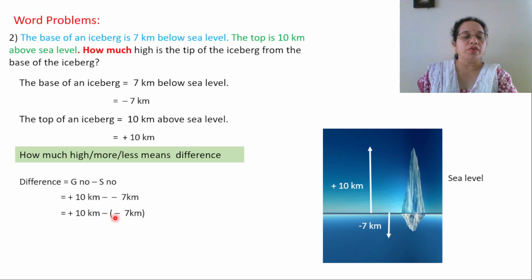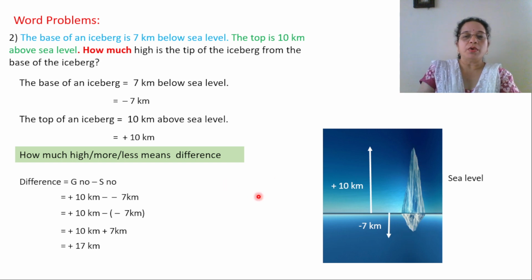Negative of a negative will become positive and the answer will be 17 kilometer. So this total height from the base is 17 kilometer. The questions are nearly the same, but whatever information is given, you need to read it carefully, think about that, and then solve.